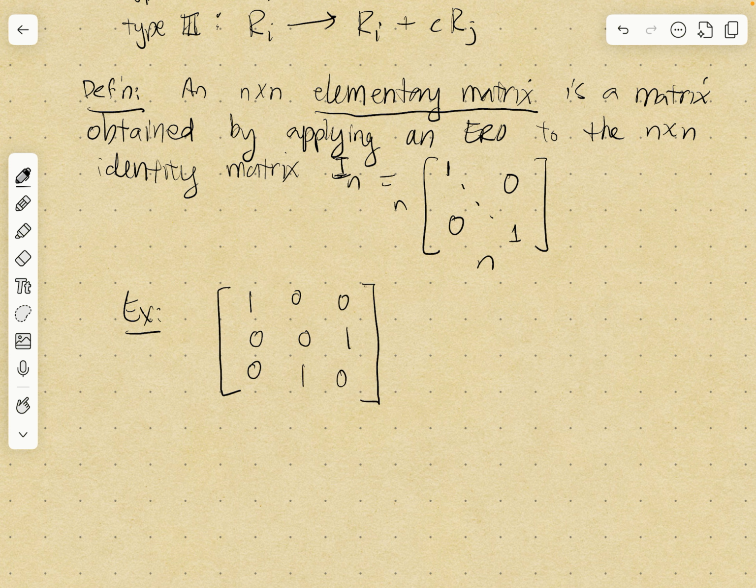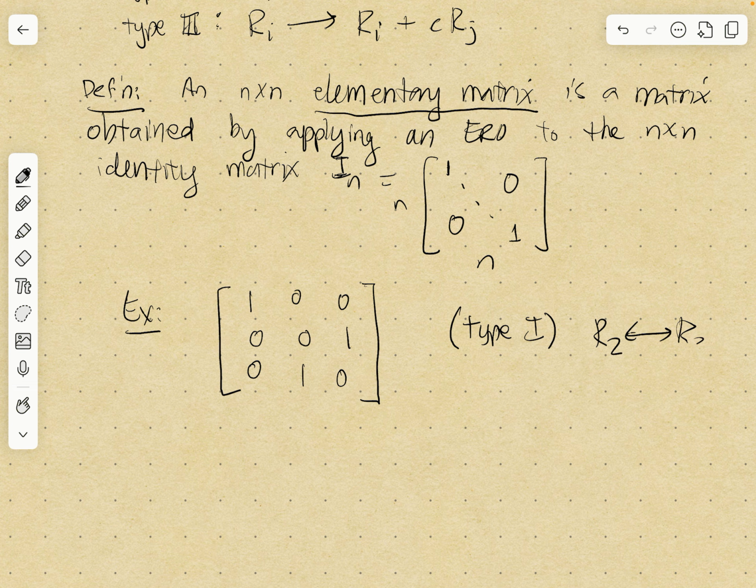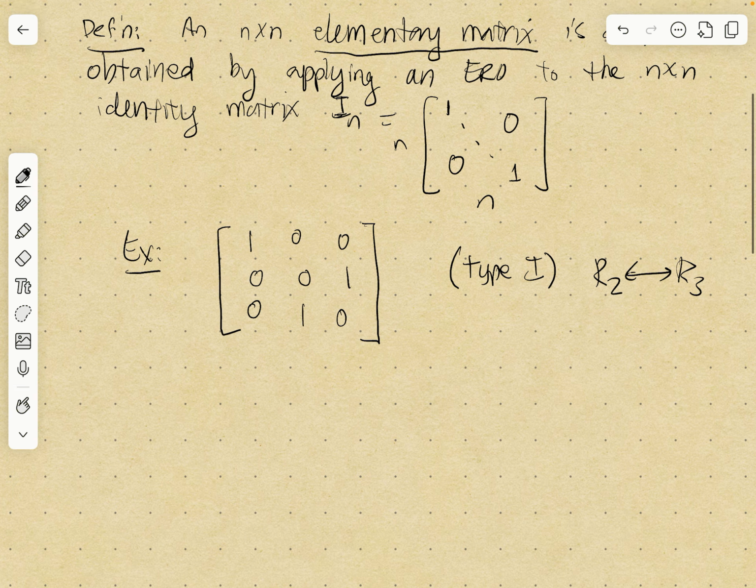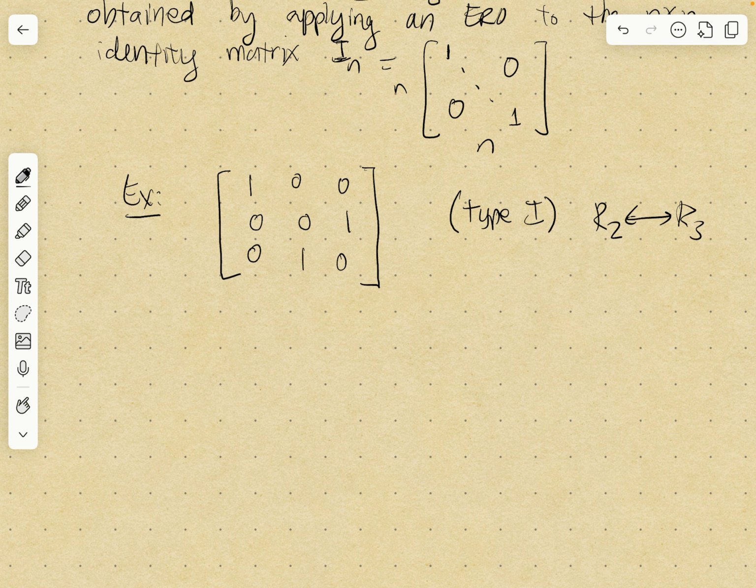So this is an elementary matrix done by applying a type 1 row operation by switching rows 2 and 3. All right? And you do one elementary row operation. So, if you do like 2 of them, one after the other, then you won't get an elementary matrix.